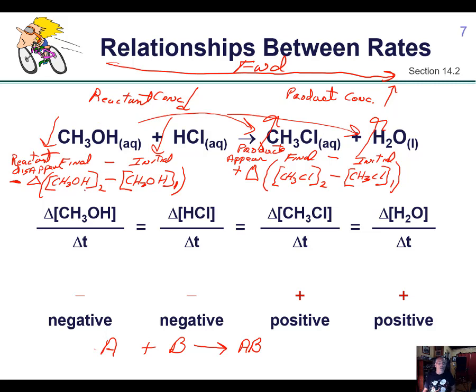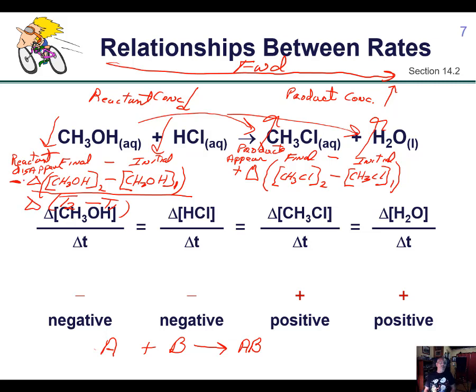Now, the way that we calculate the change in concentration over time for any component of a reaction is we take the concentration at time 2, that is the final concentration for the period of time that we're measuring the rate, minus the initial concentration of that reactant or product. But let's just stick with reactants for the moment. And then we divide that by the change in time, which is time 2 minus time 1, so that's a change as well.